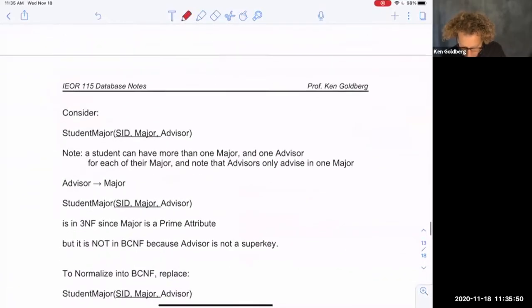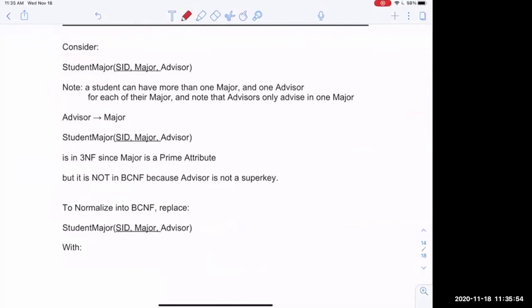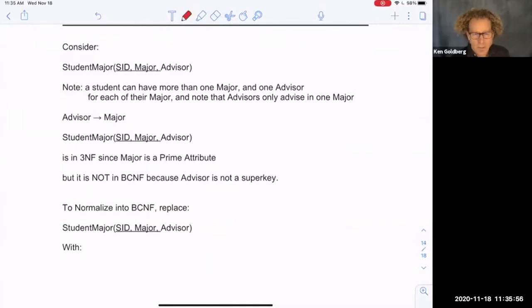Okay, so let's look at another example. Remember we talked about this one about student major and advisor. So here I have a very analogous situation. I have student ID, major, and then the advisor. Now I notice that you can have more than one major, and you have an advisor for each major, but advisors only advise in one major.